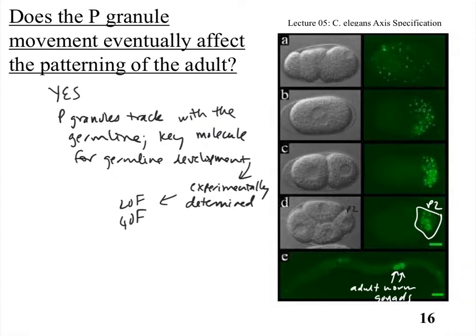The P granules are still present all the way through adulthood. That's not always the case for development. Sometimes certain molecules are used early on, and then they give rise to the next round of molecules and they themselves degrade or go on to do something else. In this case, the P granules have a very persistent localization and presumably role in development.